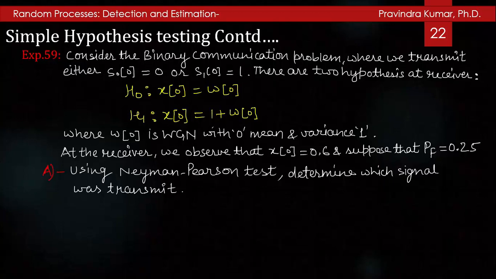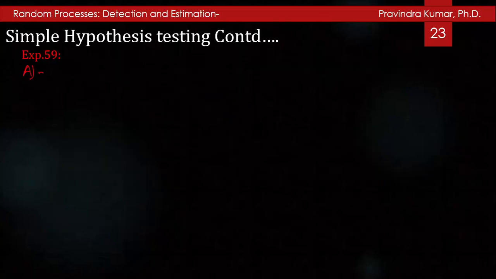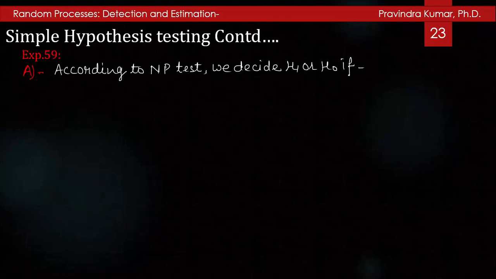So the first part is, using the NP test, determine which signal was transmitted, and the second part is to find the probability of miss, PM, or the second type of probability of error. From the NP test we decide H1 or H0 if the likelihood ratio, the ratio of the PDF under hypothesis H1 and the PDF under hypothesis H0, is greater than or less than the threshold value gamma.